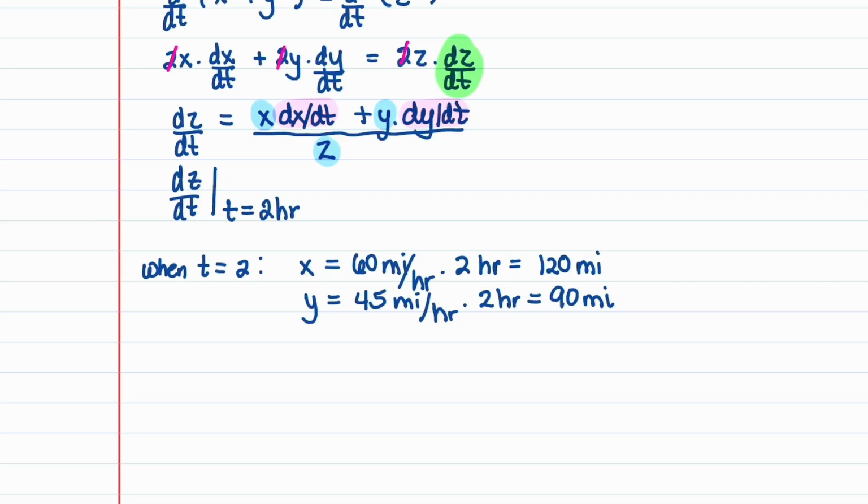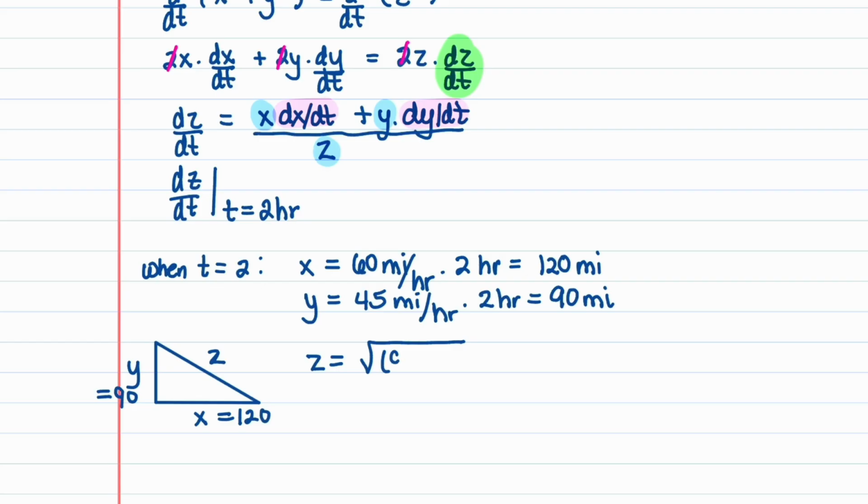And then for z, we are not given a rate. So what we're going to have to do is go back to our diagram. I'll recopy it right here. This is x, this is y, and this is z. And x is 120, and y is 90. So z is going to be the square root of 90 squared plus 120 squared.